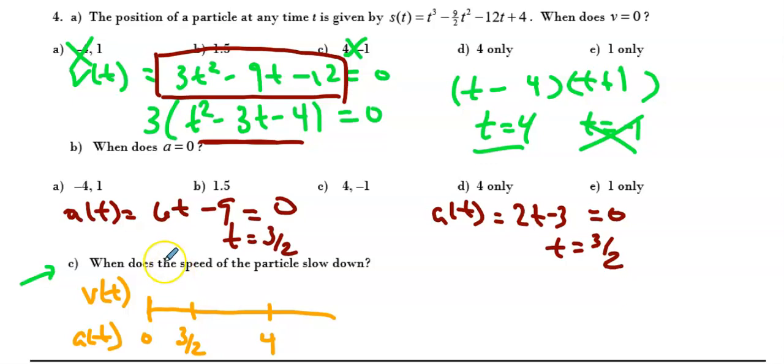And so if I plug in 0 to the velocity, I'm going to get a negative value, right? And if that confuses you, you can literally plug it into here. I get 0, 0, and then a negative. So I'm going to have a negative value right here. If I plug in something between these two numbers, like 3, I get a negative value here, and I get a positive value here.